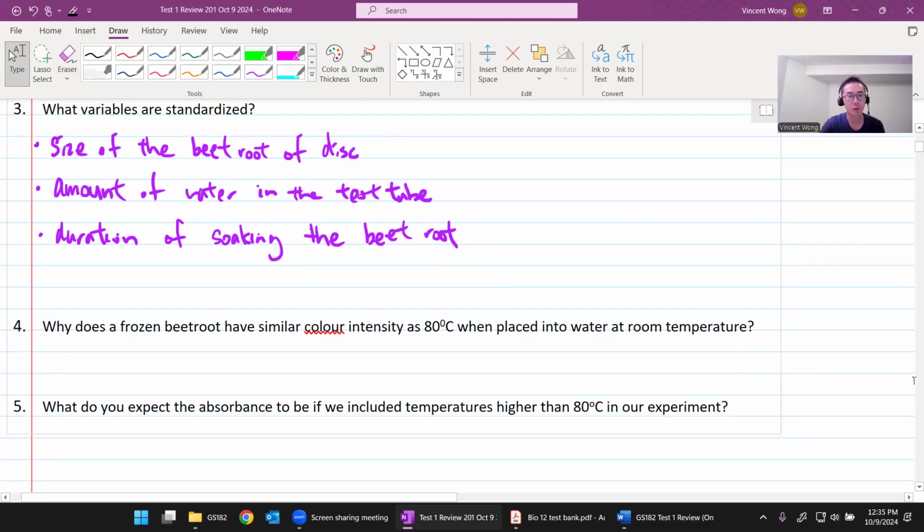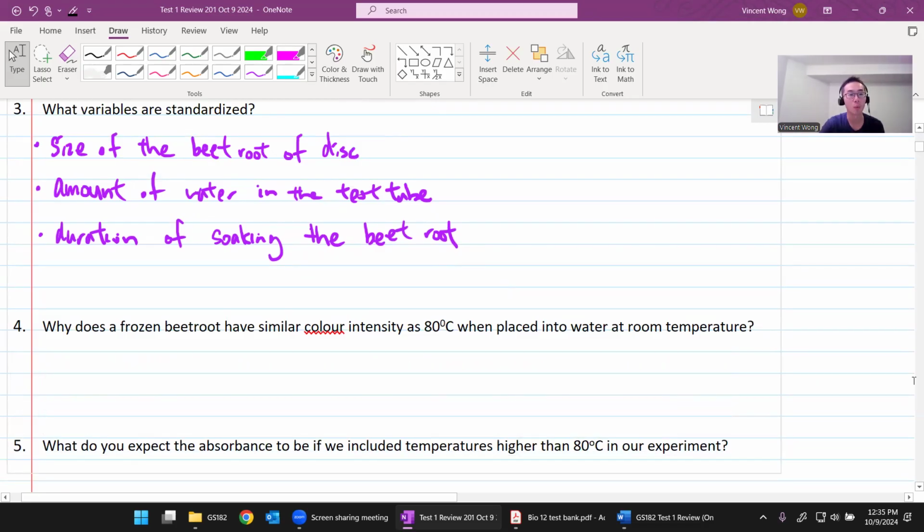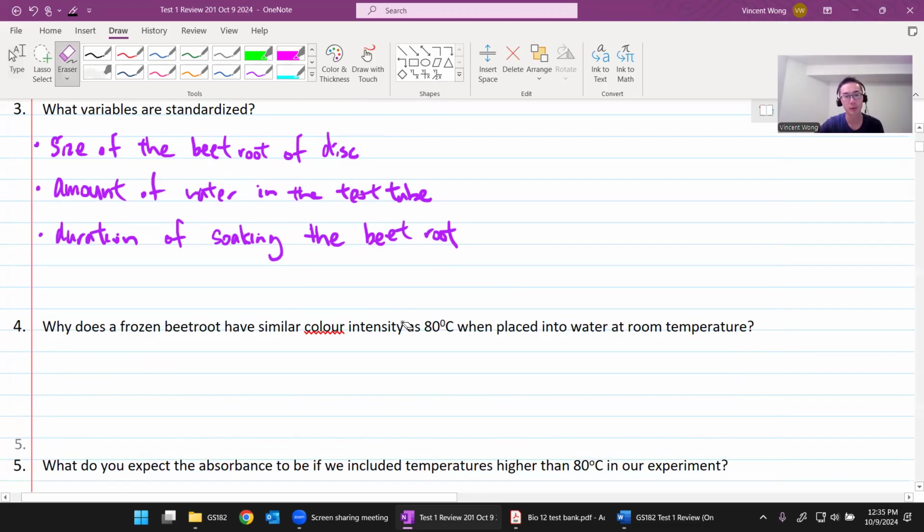Why does a frozen beetroot have similar color intensity as 80 degrees Celsius? If you attended lecture 4, you will know the answer to this question. Basically, when you freeze the beetroot, the ice crystals damage the cell membrane.